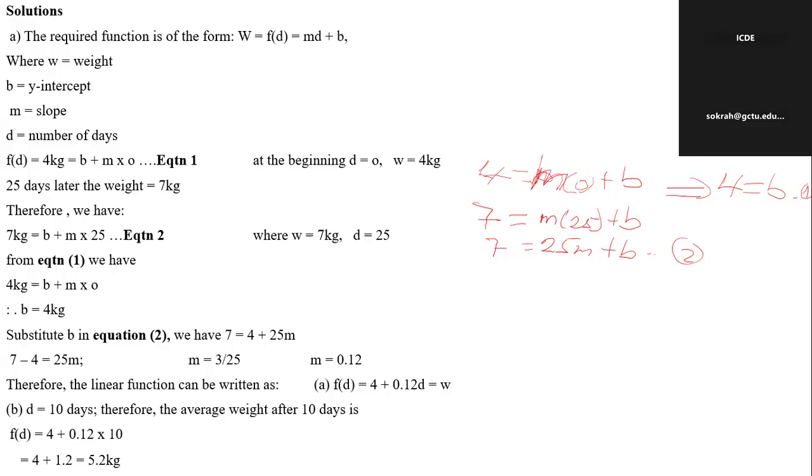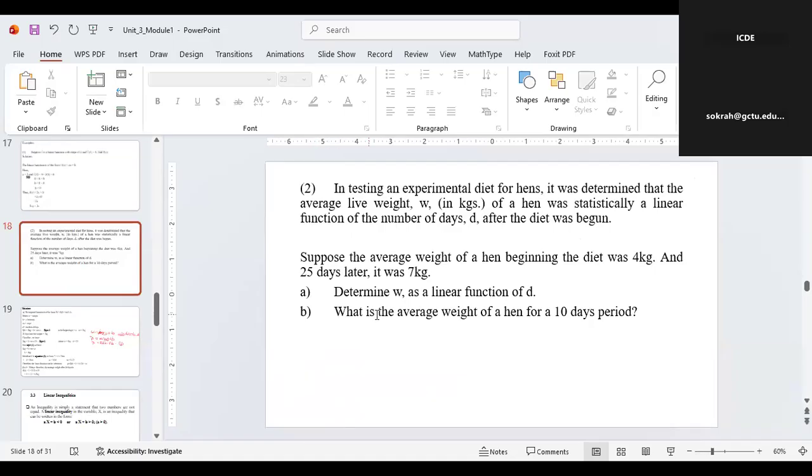And the second part, let me take you to the question once again so that we look at the second part. The second part says, what is the average weight of a hen for a 10 days period? Once you have written the linear function in A, it is just a matter of going back to it.